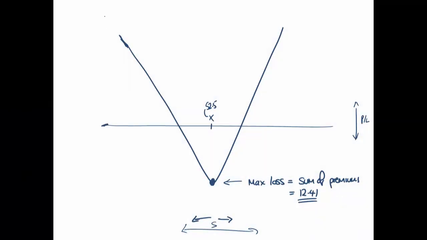One thing I should note is that there's not unlimited upside on the put, there never is, but there is still unlimited upside on the call. Because the underlying could go up forever, there's no ceiling on it, theoretically, we do have unlimited upside on this strategy on the call side.